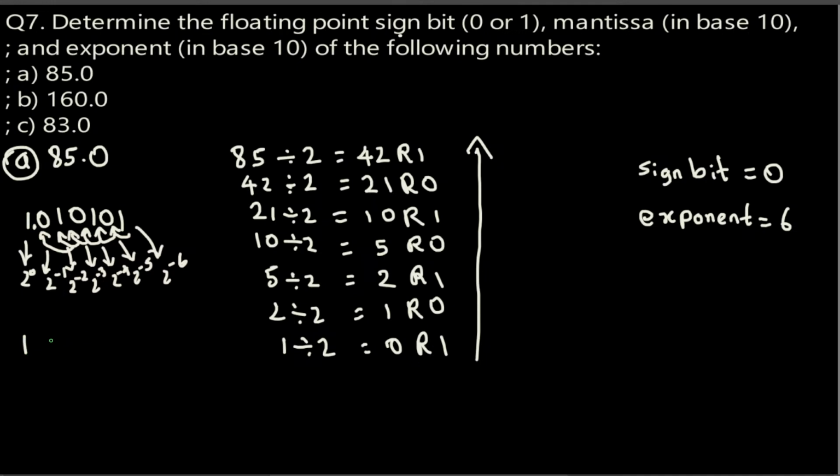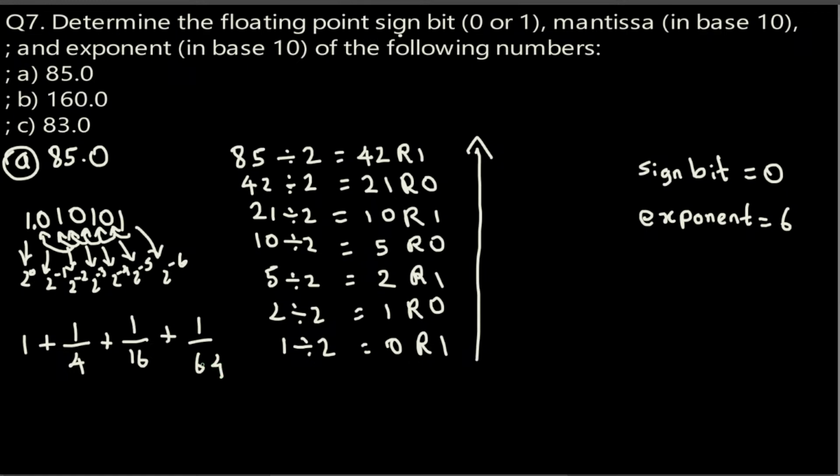The first one is 2 power 0, and at that location we have 1, so that's going to be straight 1. And then at 2 power minus 2 we have a 1, so that is 1 over 2 squared, that's 1 over 4. And then 2 power minus 4 also we have 1 right here, so plus 1 over 2 power 4, that is 1 over 16. And then 2 power minus 6 also we have 1 right here, so that is 1 over 64.